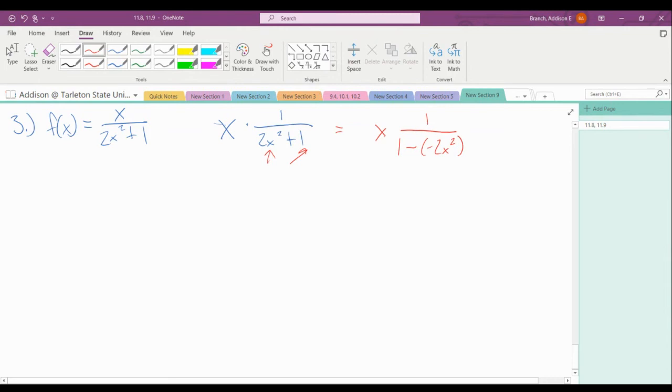So now we're in our right format, where we have 1 over 1 minus a u, where u is some sort of, I'm going to actually call this g of x since we already established f of x.